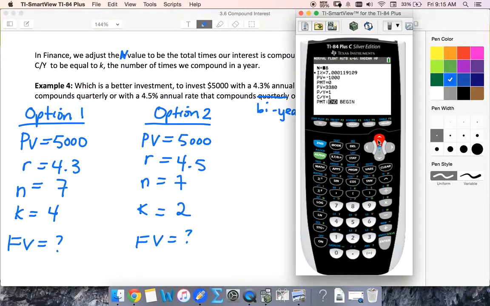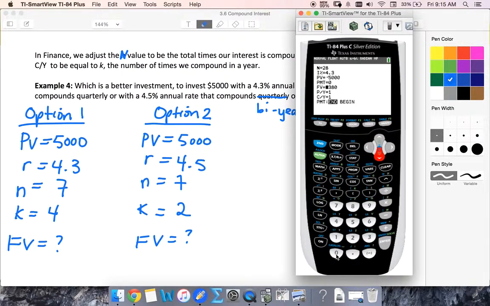So now I've got my first big N is going to be my number of years times my number of compounds. So I'm going to type in 7 times 4. My interest rate is 4.3. I'm putting in negative 5,000. I'm not making any additional payments.